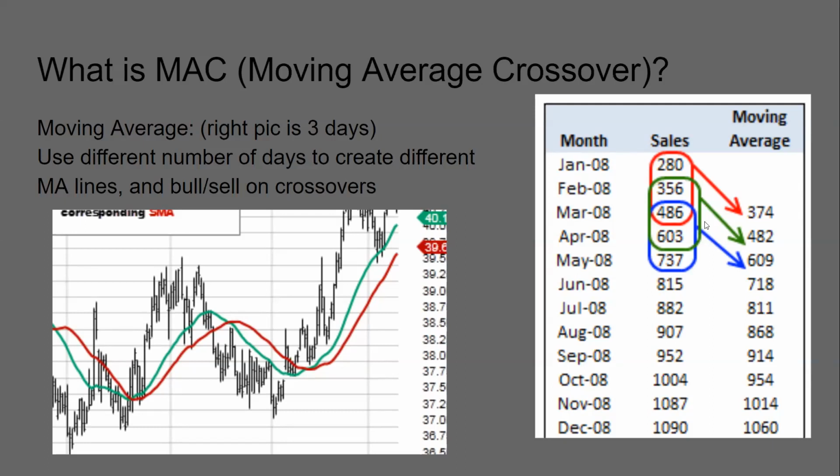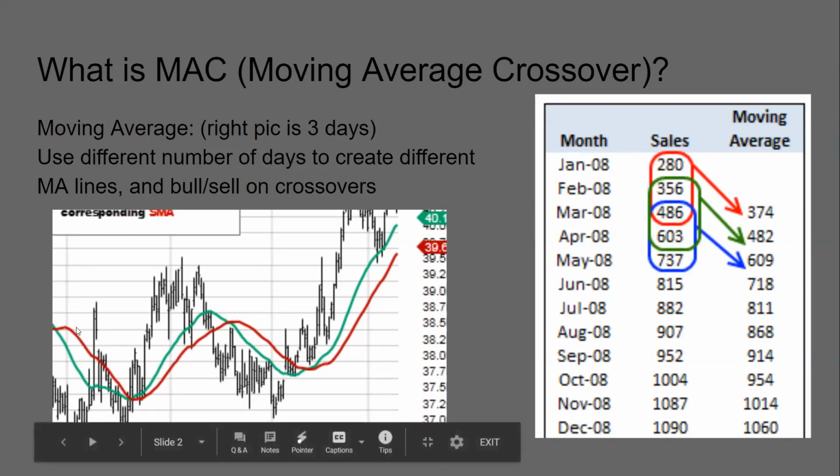Now that you know these moving averages, how do you create a strategy out of it? For a moving average crossover strategy, you usually buy and sell assets based on when the lines cross. You can see a good example on the left. This red line is one moving average, and this green line is a different moving average. They're different because they use different numbers of days.